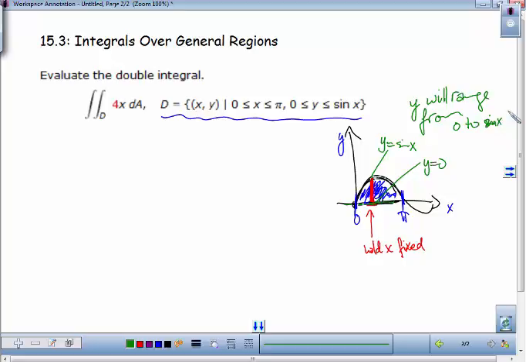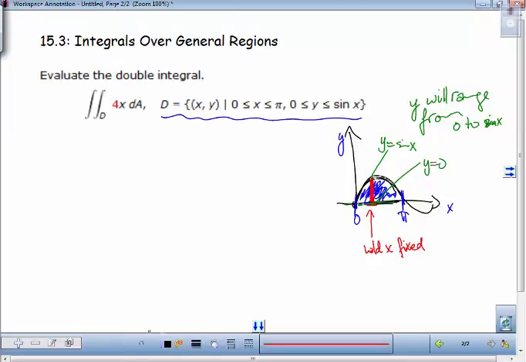So notice that it's not a rectangular region anymore, and your y is now going to go from a number 0 to a function of x. So that's for a fixed x.